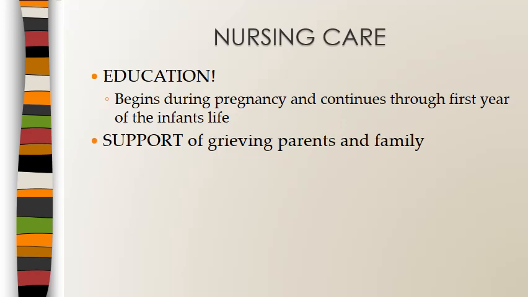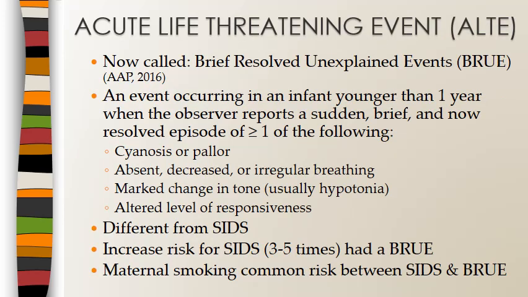So now we're going to talk about brief, resolved, unexplained events, or BRUE, which you still may hear in the hospital called an ALTE, or an acute life-threatening event, because that was the old term that we used to call it.